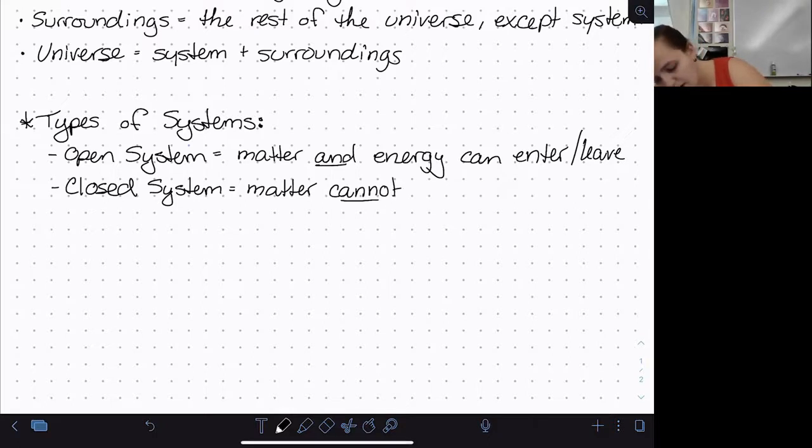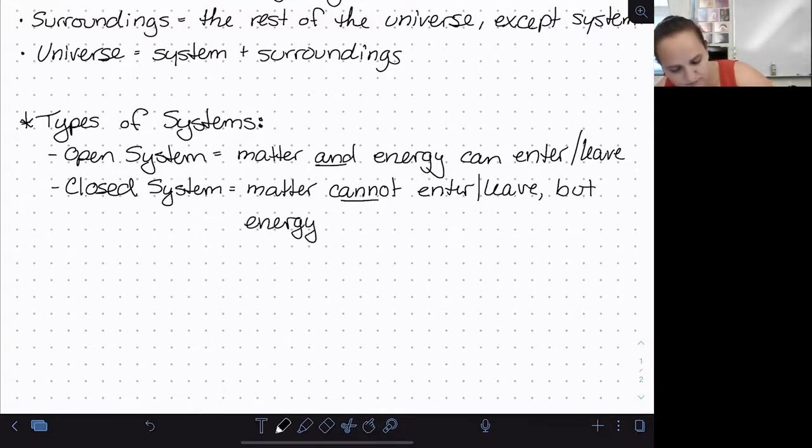So matter cannot enter and leave a closed system, but energy can. So take your beaker and cover it with something, or take a bottle and close it on the top. If something is airtight, matter can't get in and out, but energy can still flow through it.